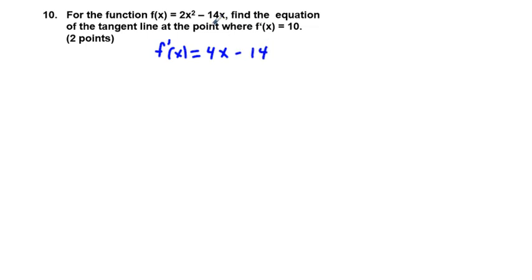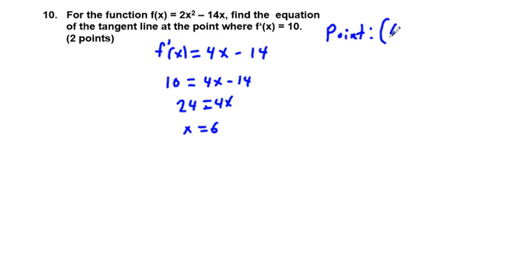We want the point where f prime of x equals 10, so we set 10 equals 4x minus 14, and add 14 to both sides. We have 24 equals 4x, and then x equals 6. We need a point to find the equation of the tangent line. Our input value is 6, and our slope is already given, m sub t equals 10.